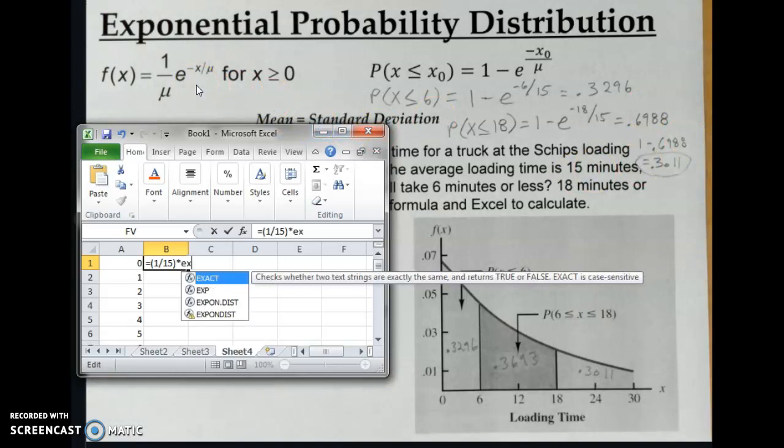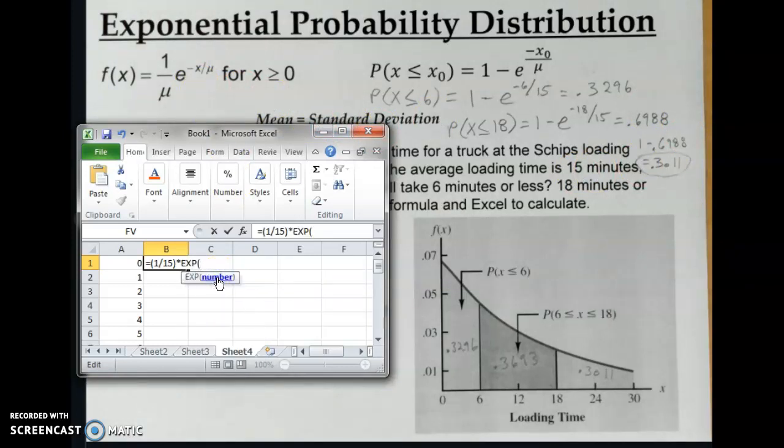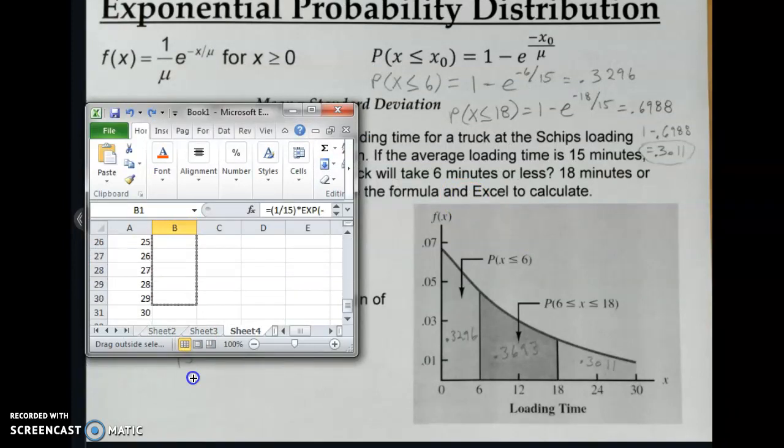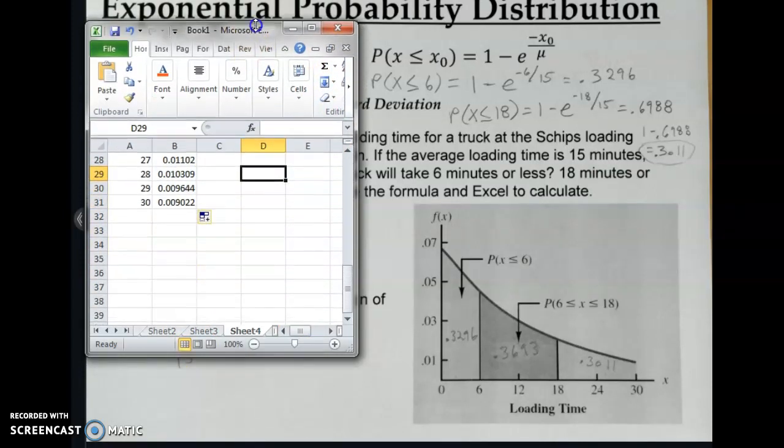So remember the function is exponent, and that's going to go to the negative x, so negative, and our x values are here, divided by the mean, which we know to be 15, parentheses. So that's your formula. Now I'm going to go ahead and drag this down all the way to my 30 points. And then I have my probabilities.